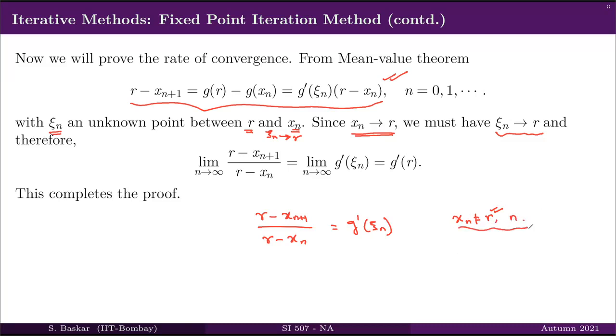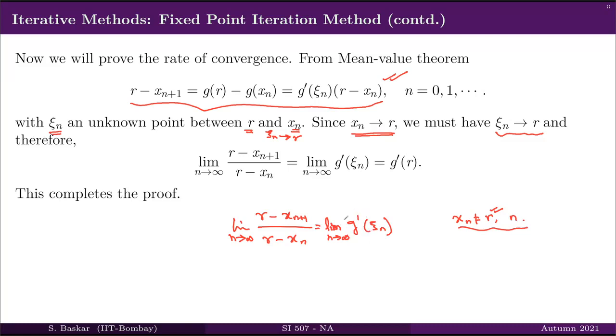It's better to write that argument and then come and divide both sides by r minus xn, and then take the limit as n tends to infinity. You will have limit n tends to infinity here also. And g dash, if you recall, we have assumed g is continuously differentiable.